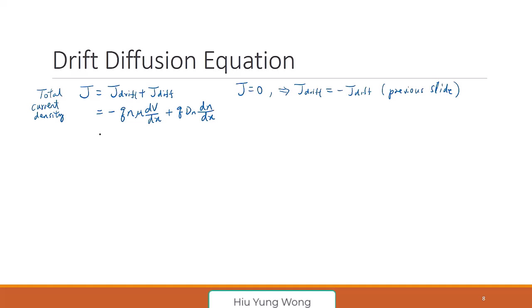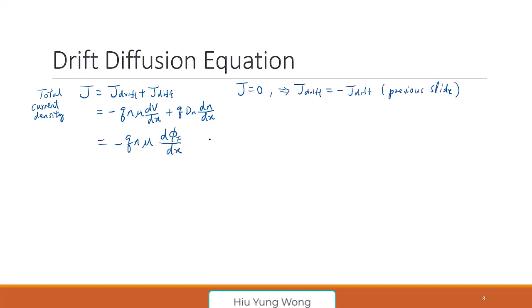And eventually, I'm not going to show you, if you're interested, let me know, we can write this as this equation, q n mu d phi_f/dx.